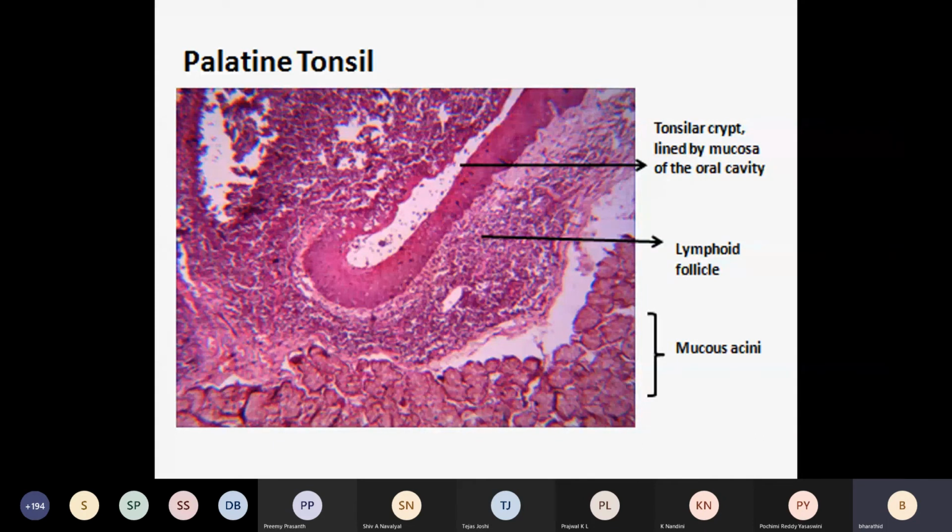The epithelium of the tonsil is derived from the ventral part of the second pharyngeal pouch.